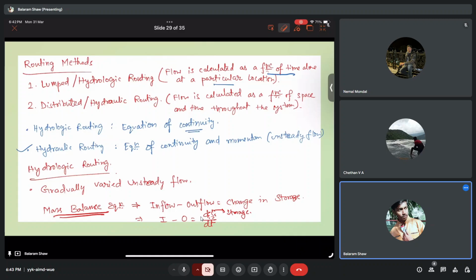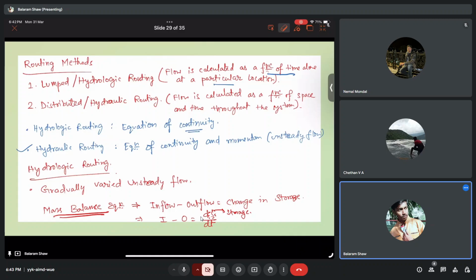From the storage elevation relationship, we'll have the storage elevation curve, and other than that, we need the outflow elevation curve for the outlet structure. Now, from the storage elevation curve and the outflow elevation curve, you will get a relationship of storage versus outflow, isn't it?